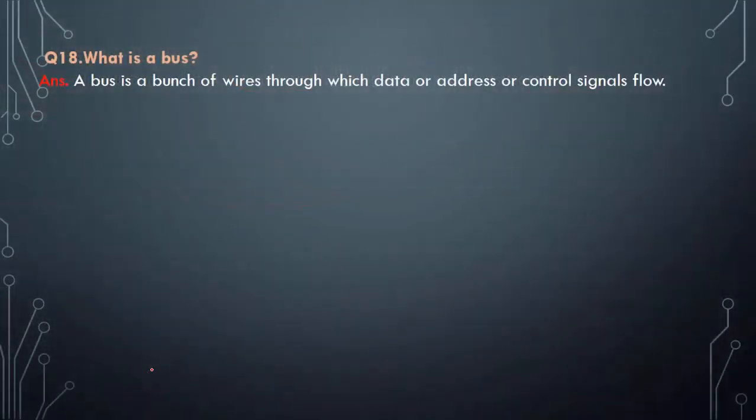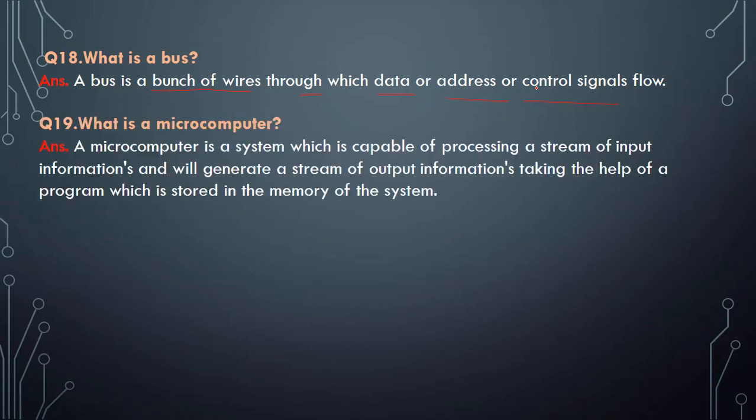The next one: what is a bus? A bus is a bunch of wires through which data, address and control signals flow between the computer memory, the peripheral input output devices and the CPU. The next one: what is a microcomputer?